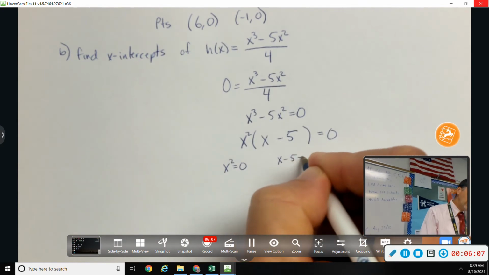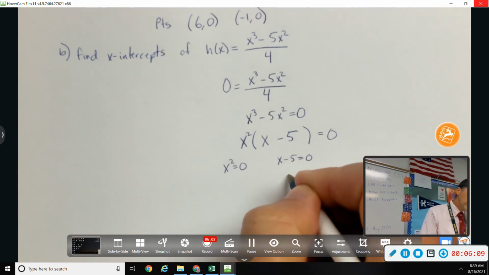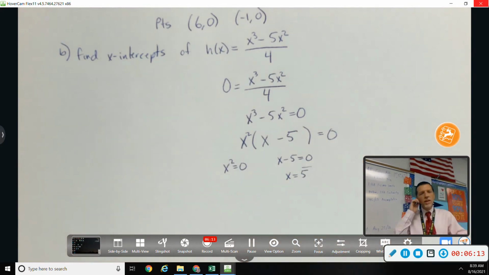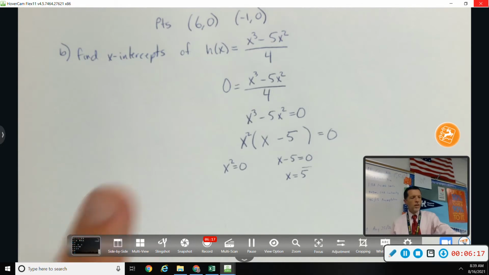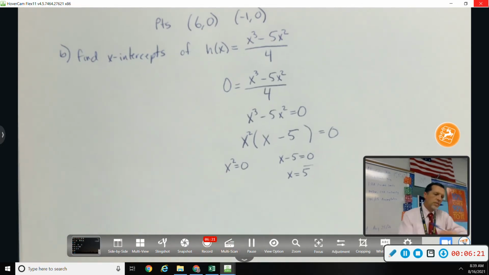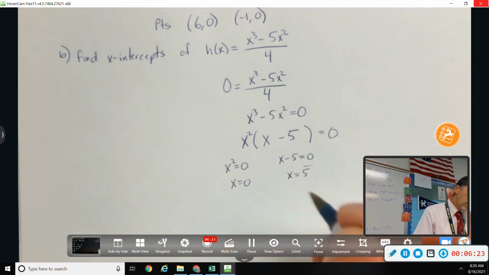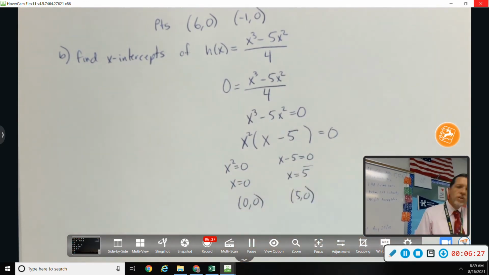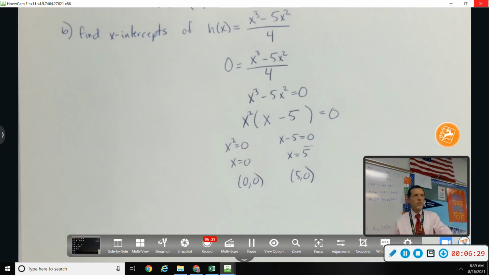This is the step that you skip, but if you skip it for this problem, you might miss something. So x equals 5, that's the easy one. What about if x squared equals 0? What's that lead to? 0. So 0, 0, and 5, 0 are my x-intercepts.